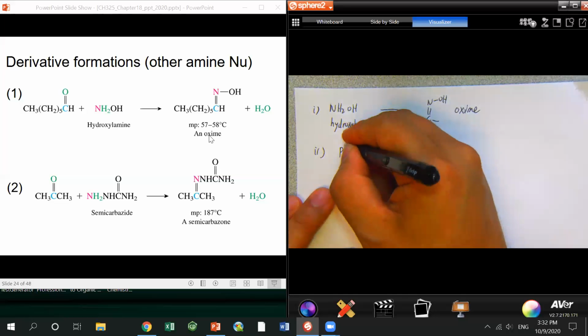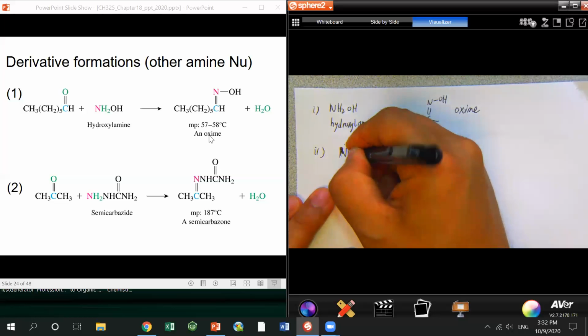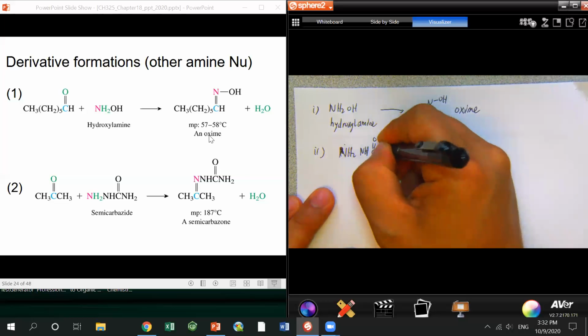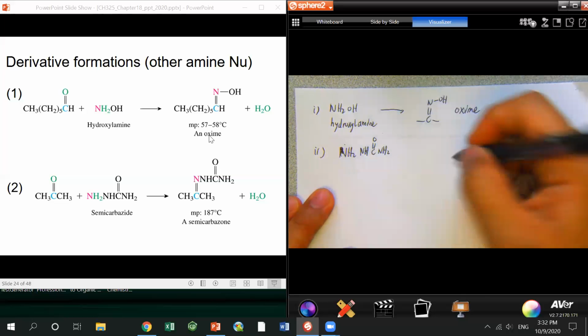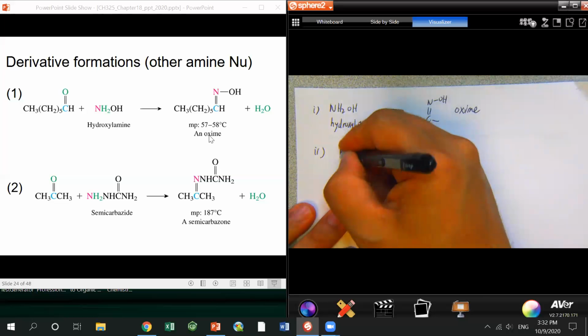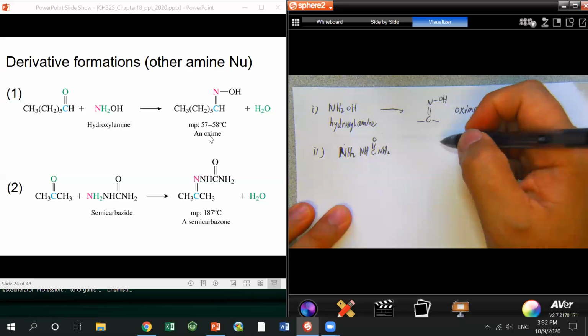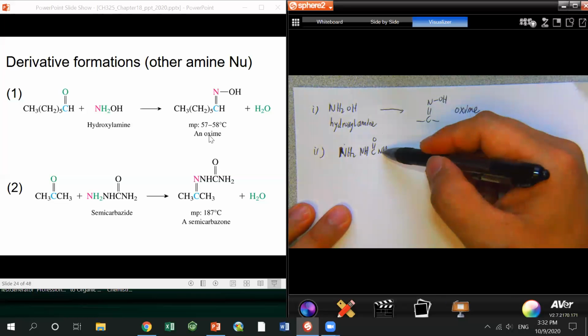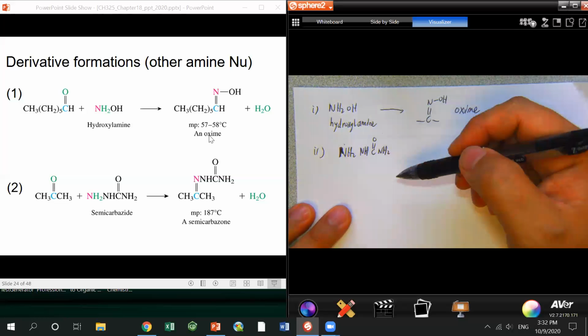The second one we call semicarbazide. It has a structure like this: NH2, then NH, then C=O double bond NH2. It will react with an aldehyde or ketone. Here's the tricky thing: there are a lot of NH and NH2 groups, so which one reacts with the aldehyde or ketone to build the C=N double bond?